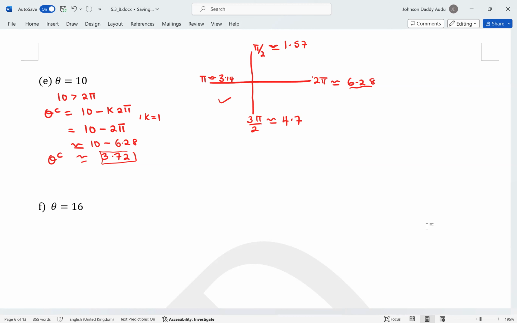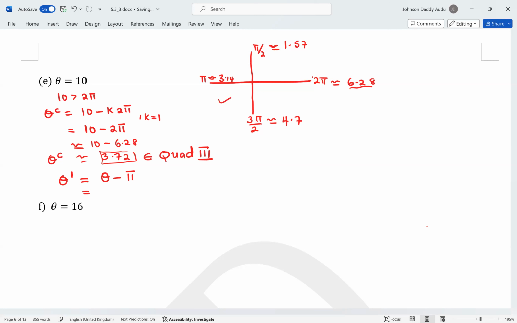So this is in quadrant number 3. And since it's in quadrant number 3, how do you find reference angle in quadrant number 3? It's going to be the theta itself, minus pi. Okay.